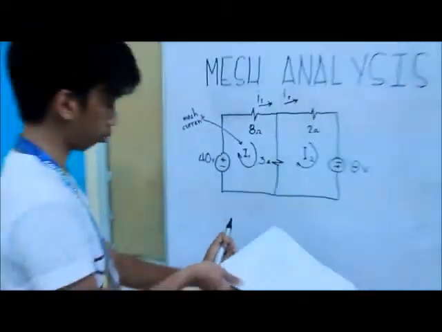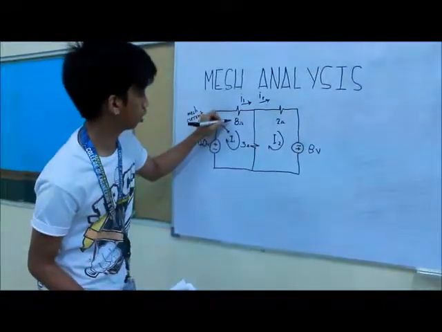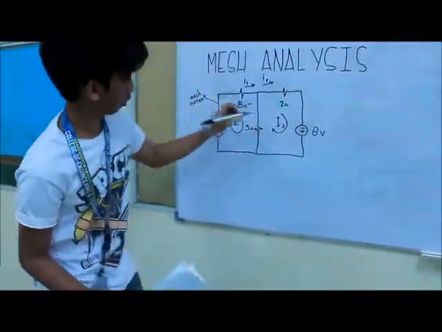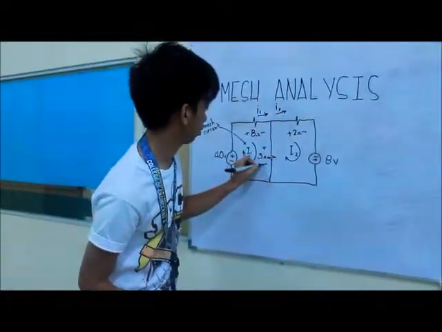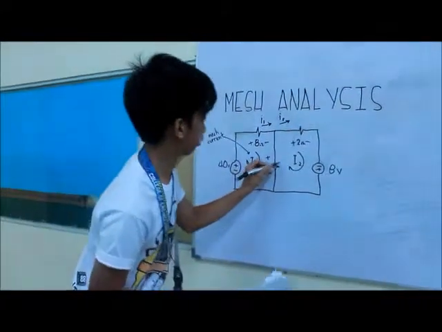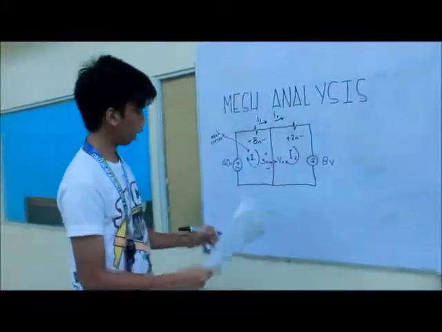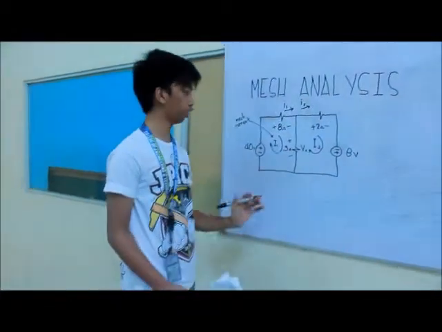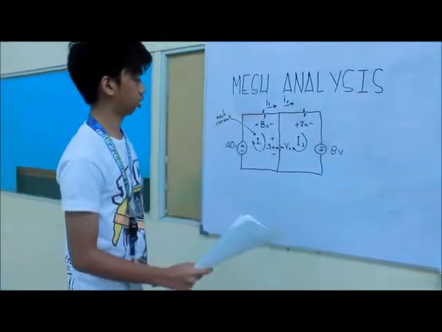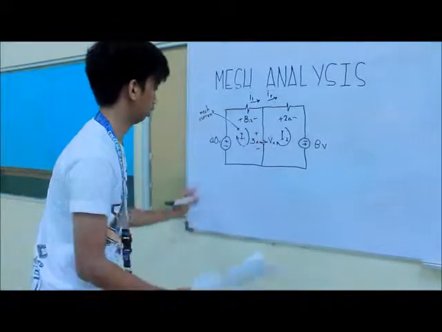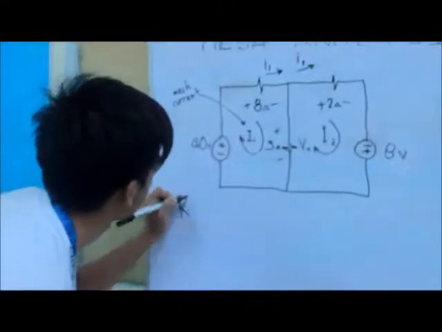And next, we assign arbitrary volts in the resistors. After we assign, now we will solve for the voltage of each resistor. So we apply KVL. So KVL in loop 1.